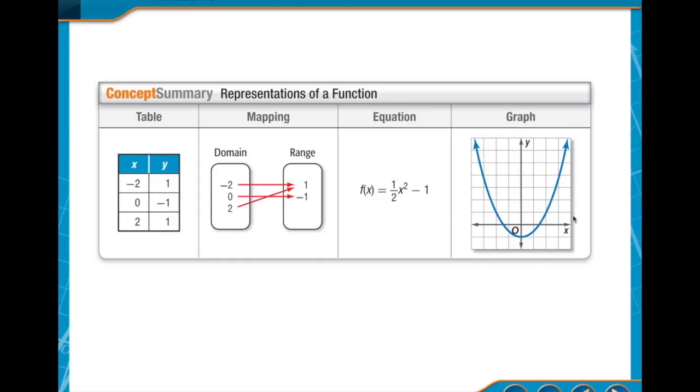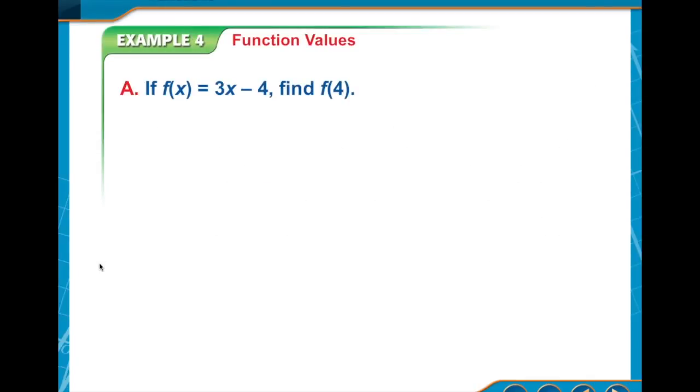So these are just different ways of organizing the same information as we've seen in some examples. So whenever you have a function and you want to write it in function notation, we replace y with f of x. So normally we might say something like y equals 3x minus 4.